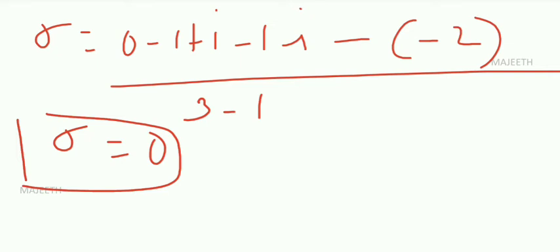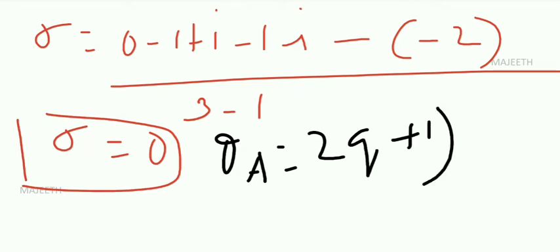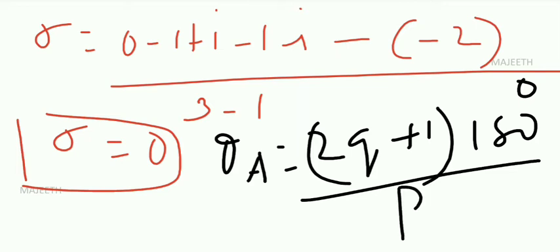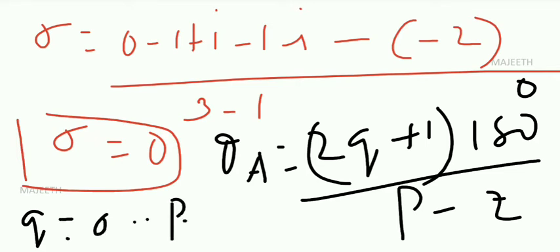Now we have to find the angle of asymptote. Angle of asymptote is given by theta A = (2q + 1) × 180 degree divided by (number of poles minus number of zeros), where q varies from 0 to (number of poles minus number of zeros minus 1). Number of poles is 3, number of zeros is 1.